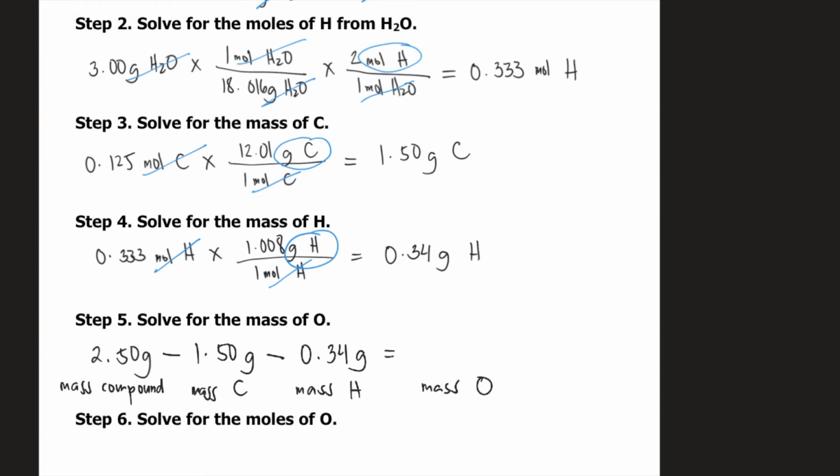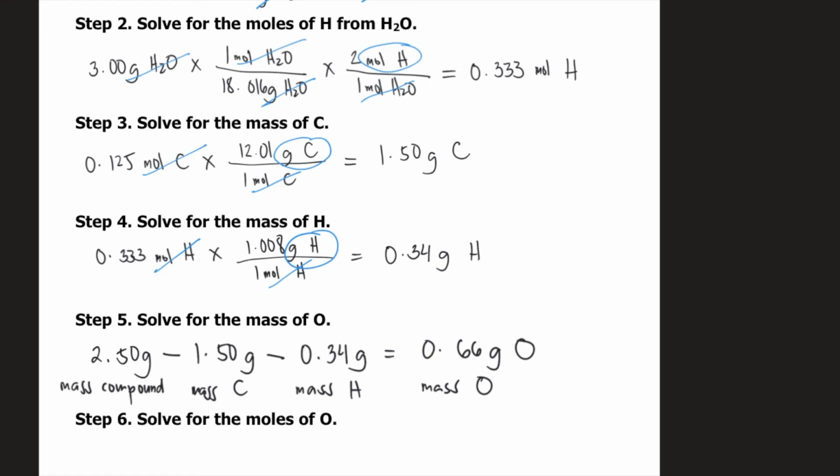Again, the mass of oxygen, you can solve it by subtracting the mass of carbon and the mass of hydrogen from the mass of the compound. So 2.50 minus 1.50 minus 0.34, you will get 0.66 grams of oxygen. Okay, so I hope you were following.